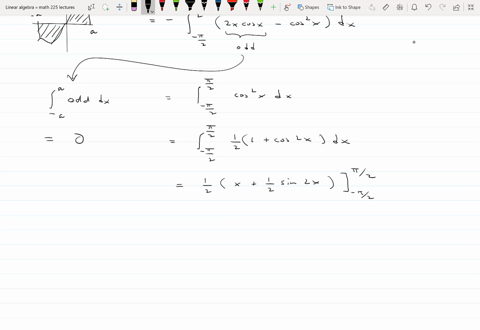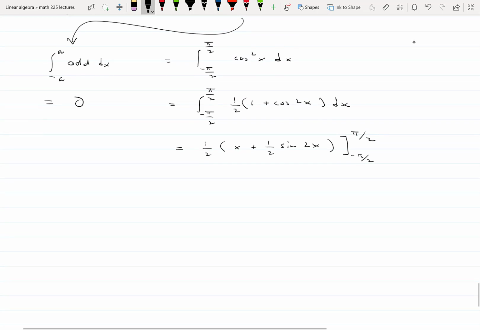The sine of 2x at pi over 2 is sine of pi, which is 0. And the sine of 2x at negative pi over 2 is sine of negative pi, which is also 0. So we don't get any contribution at all from the sine term here.